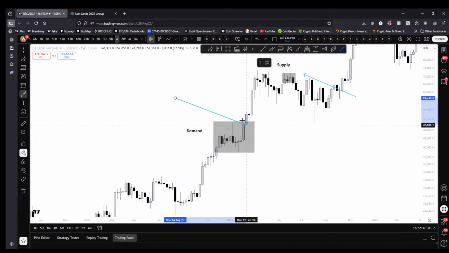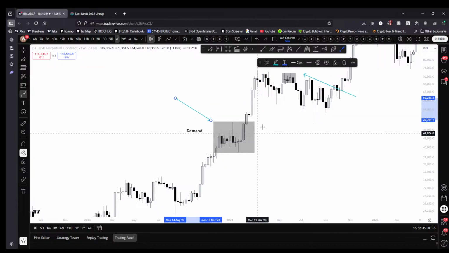If the price comes back to this range, it's more likely to repeat its memory and create an impulsive move to the upside again, right?